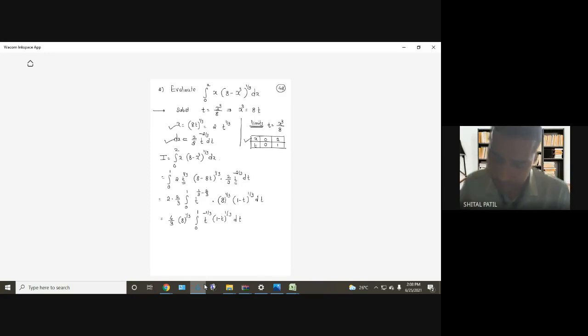Now we know the beta function formula. So find m and n.